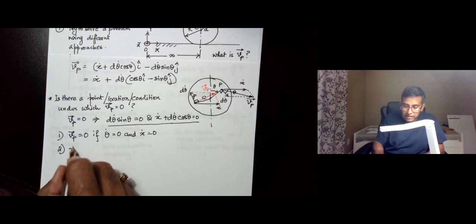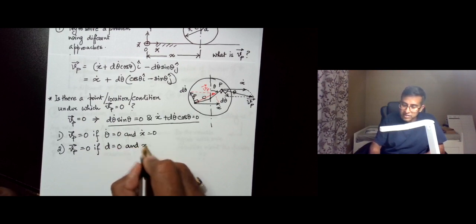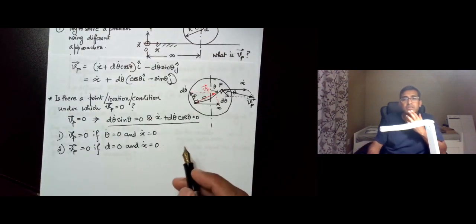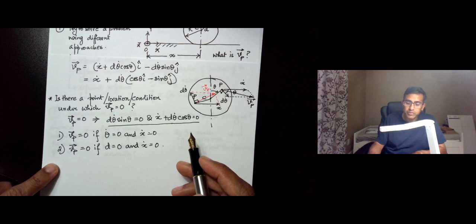Another condition that you can come up with is Vp is equal to 0 if, let's say, d is equal to 0 and x dot is equal to 0. So d equals 0 and x dot equals 0 is another condition under which the velocity of the point P is going to be equal to 0.